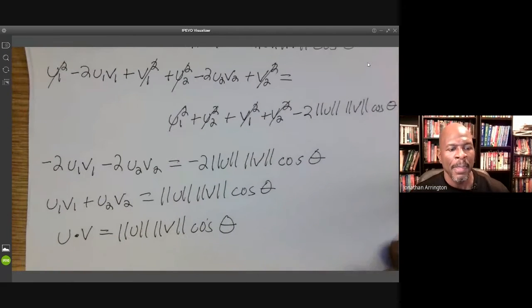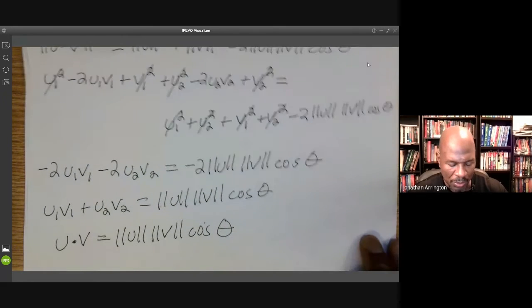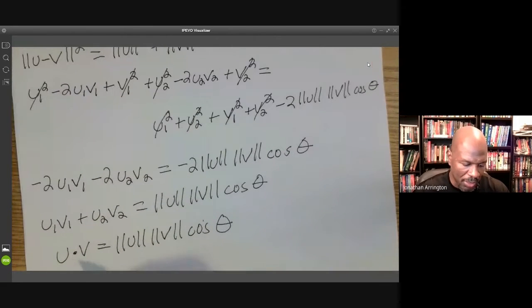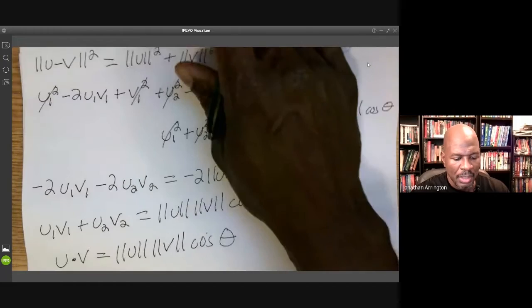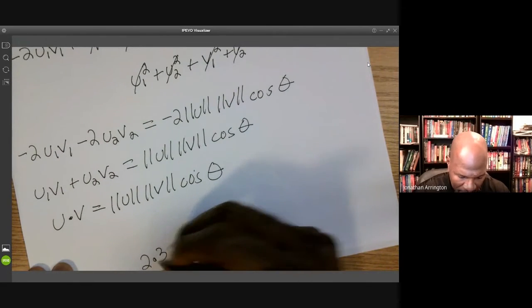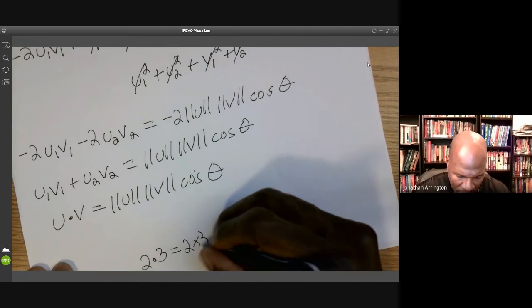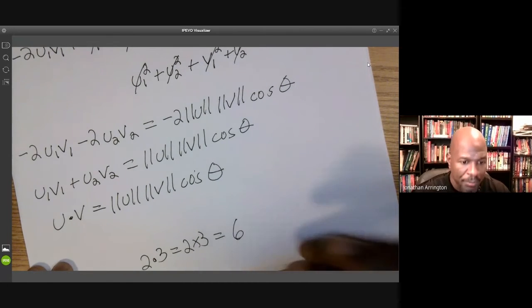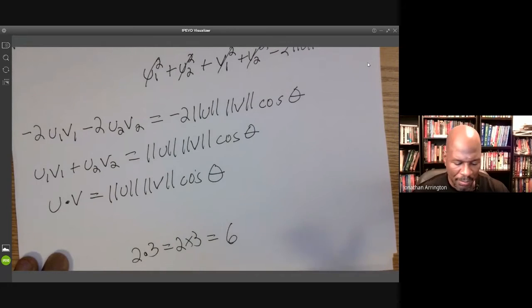I'm not sure how far you guys have got into vectors, those that are watching, because normally we're dealing with scalars, for instance. So I'm really addressing this dot product issue. When you deal with scalars, 2 dot 3 is equal to 2 cross 3, those are the same thing.